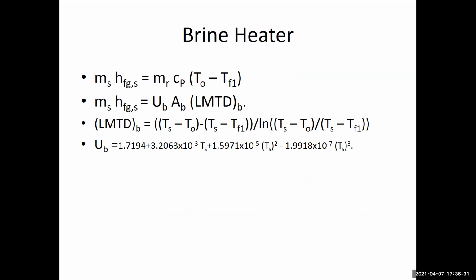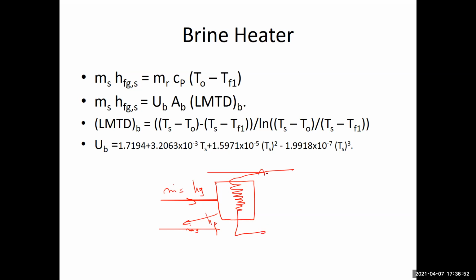Brine heater, nothing's new here. We're talking about a heat exchanger. In heat exchanger, we are having steam coming in and steam leaving. M dot steam coming in as saturated vapor, leaving a saturated liquid. While it is doing that, it is heating M dot R from TR1 to T0.